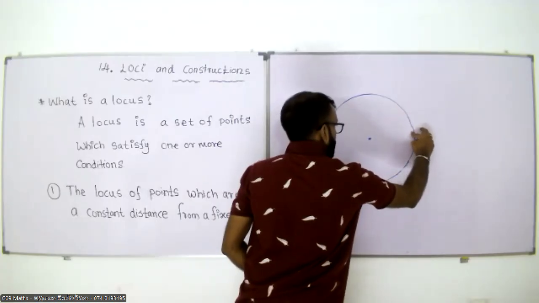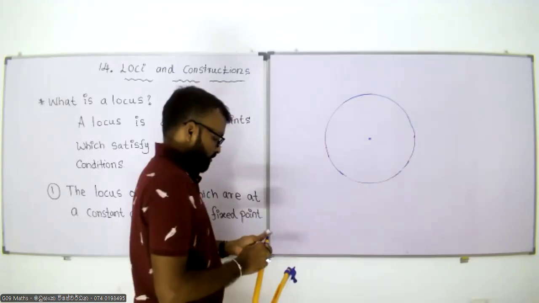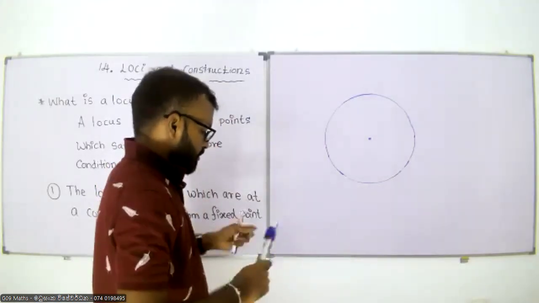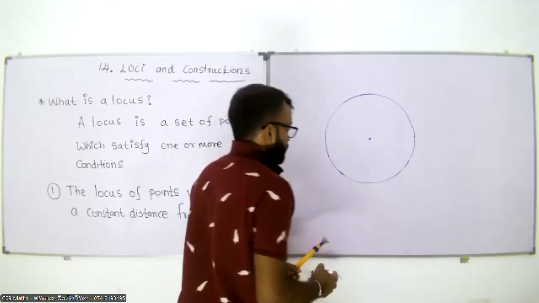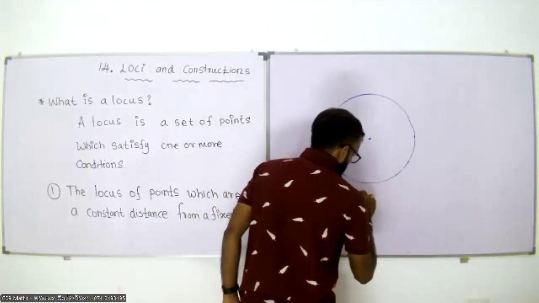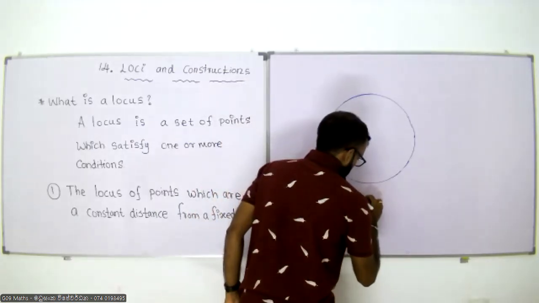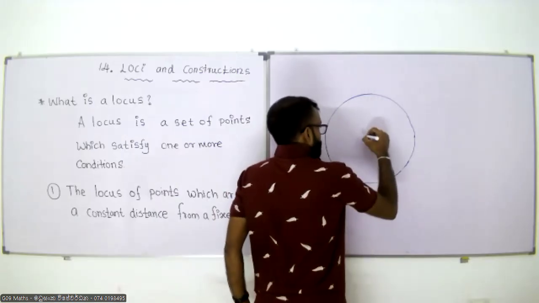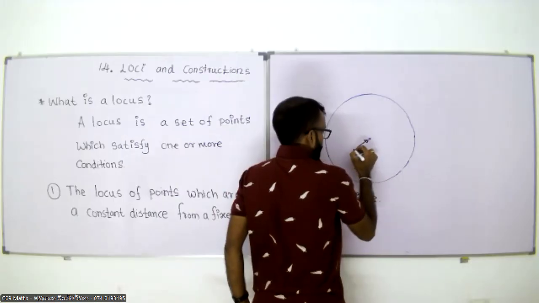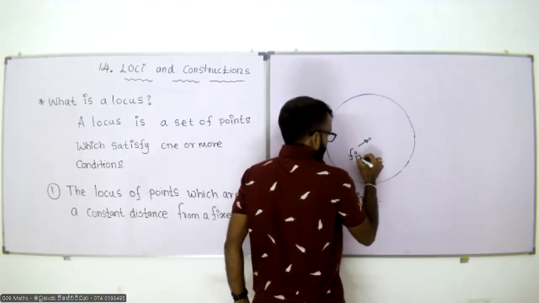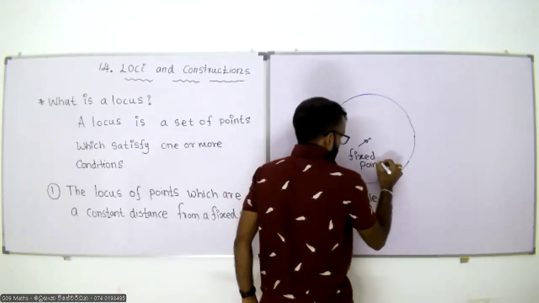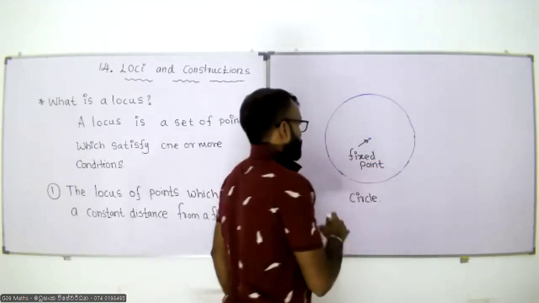This is our first locus, right? So please name it the circle. This is your circle, and this is your fixed point. And this is called a circle.